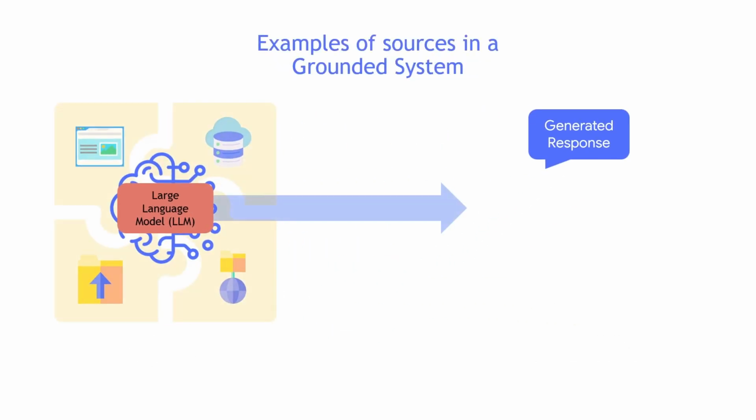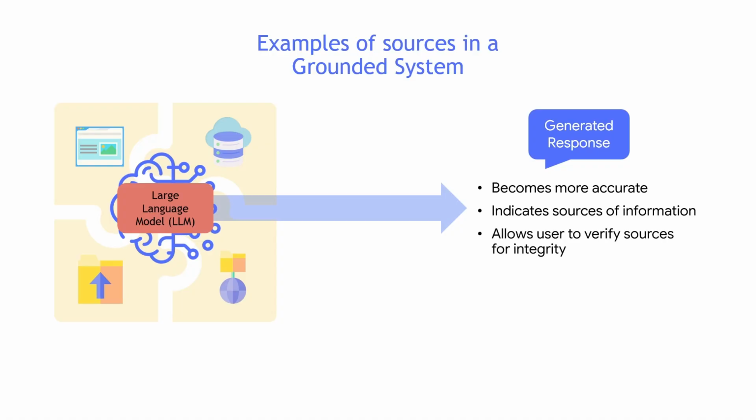Grounding can make an AI's response more accurate. Just as importantly, it can show you where the information came from so that you can verify it yourself.